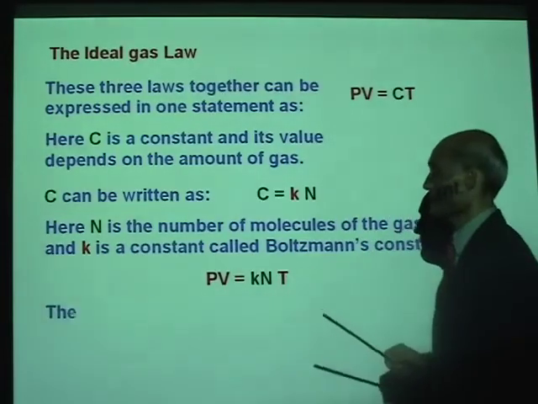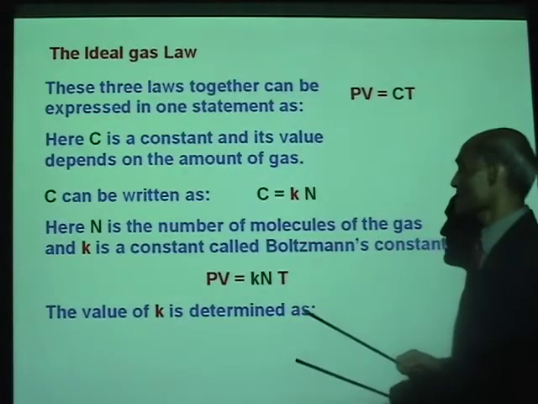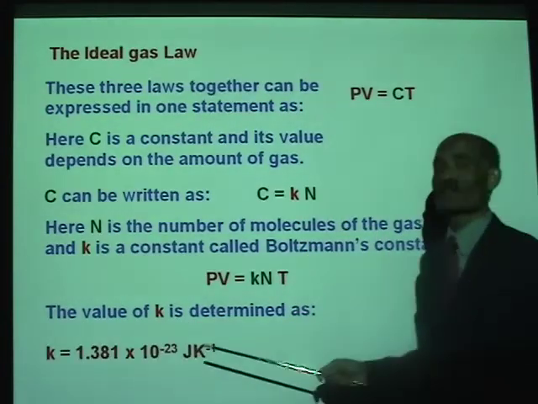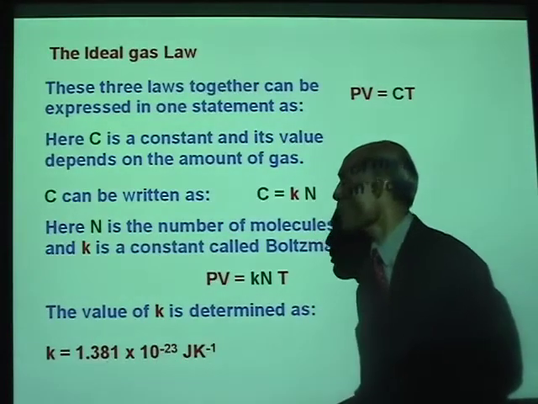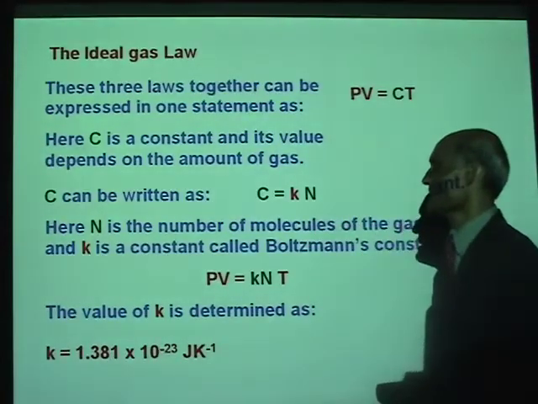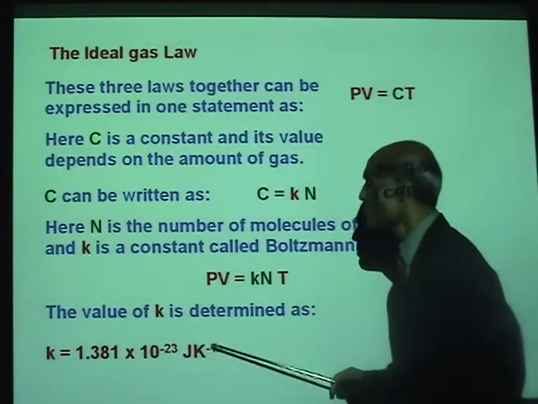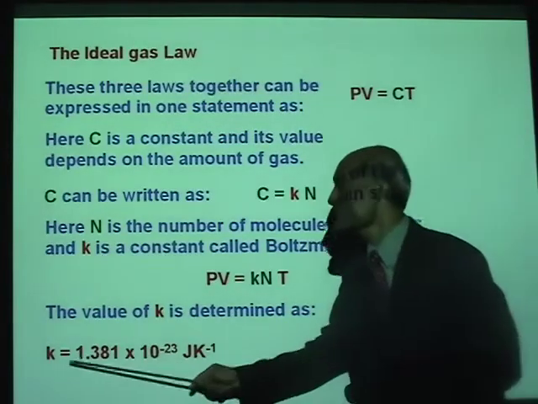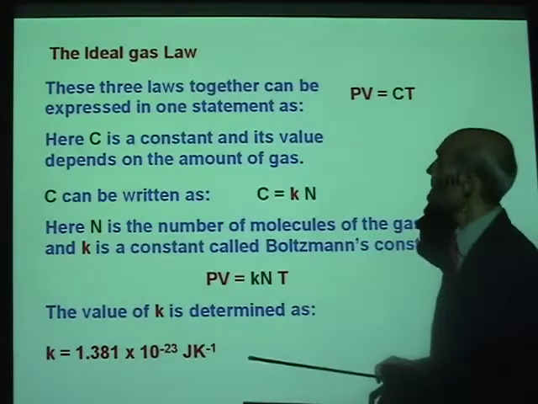Don't forget that. So, the value of K has been measured, and this is the value of K. K equal to 1.381 times 10 to the negative 23 joules per Kelvin. That is the value of K. Alright?